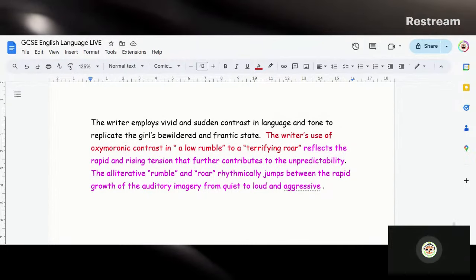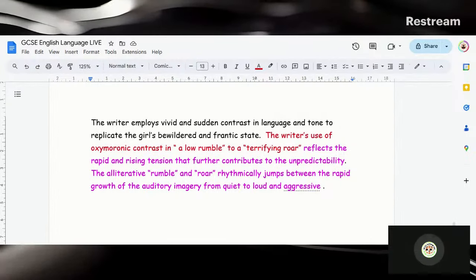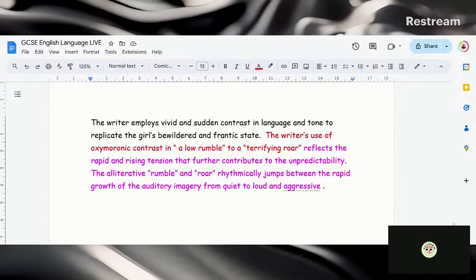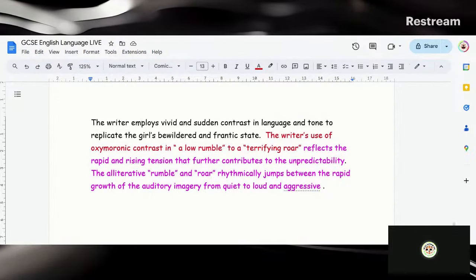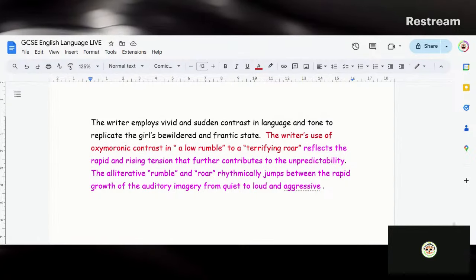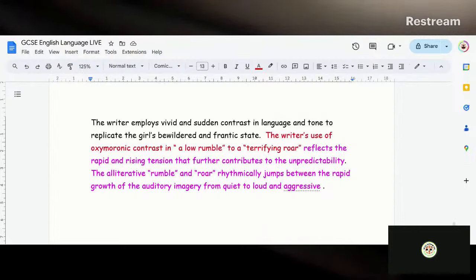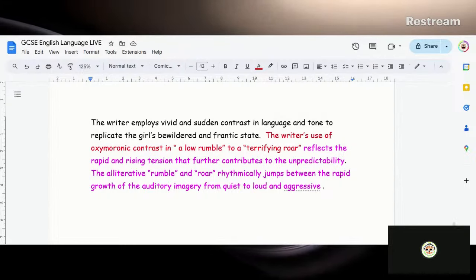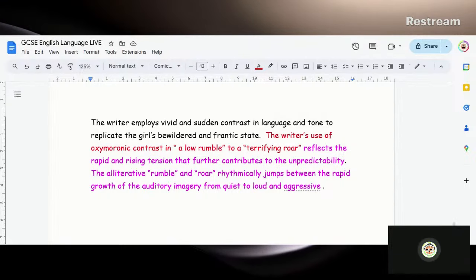I did link the paper. Let me link the paper for you guys if you want to have a go at it as well. I think that's a good idea. I did try to, but it wasn't working previously. But let me try and get it. One sec. How do I find it again?